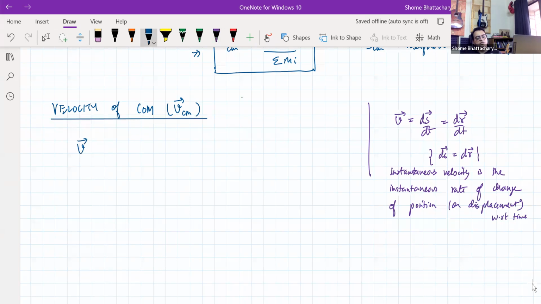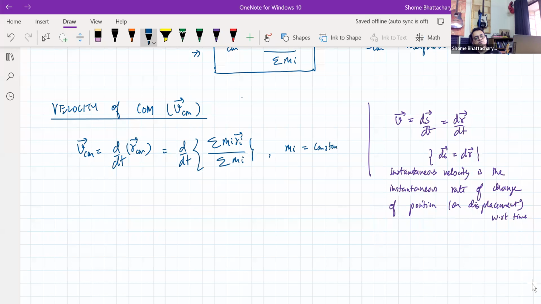So velocity of the center of mass is instantaneous rate of change of position of center of mass. Now position of center of mass we'll again write in that summation formula. So it is summation mr divided by summation m. Now keeping in mind that all mi's are constant with respect to time.